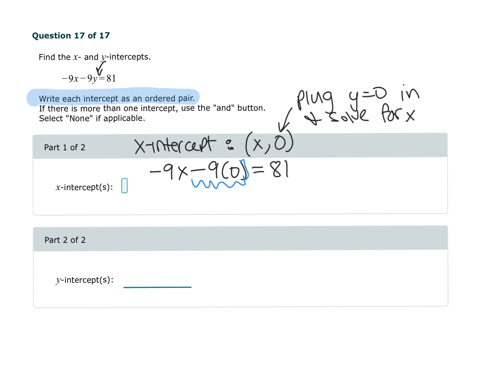Negative 9 times 0 becomes 0, and I end up with negative 9x equals 81. Remember, anything times 0 is 0. Since it's negative 9 times x, I divide both sides by negative 9, and I end up with x equals negative 9. But it asks me to write it as an ordered pair, so my x-intercept is negative 9 comma 0.